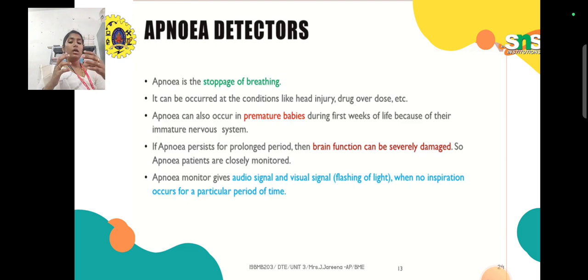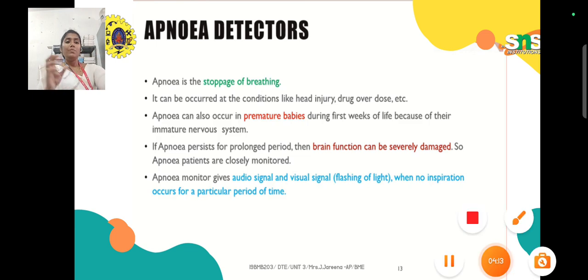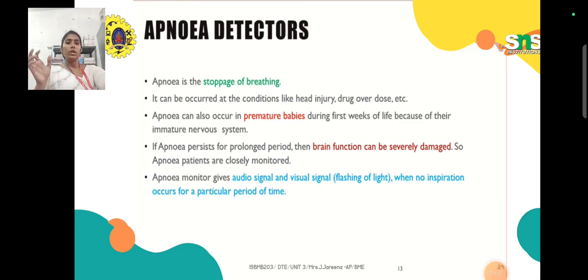It even gives the output in the form of audio and visual signals, so that nearby people, doctors or physicians get notifications whenever the person is skipping their breath while sleeping or at normal time.